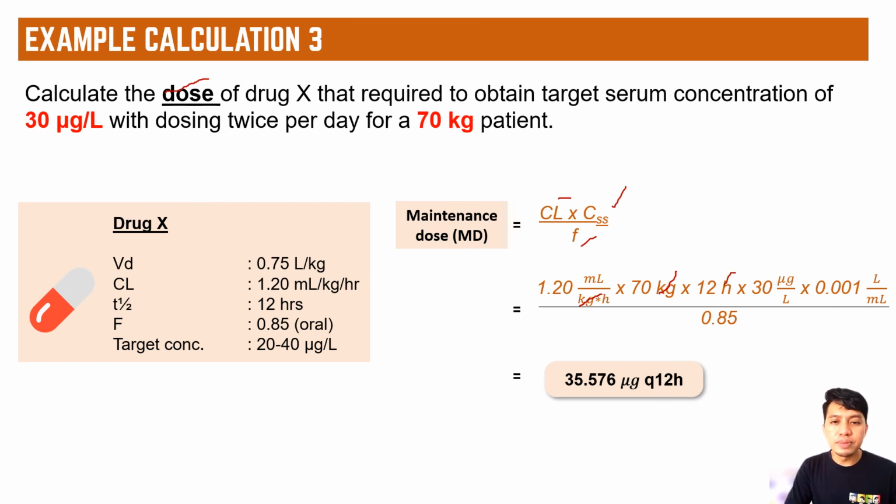Multiply by 12 hours, which is the dosing interval, and multiply by 30 microgram per liter, which is the target concentration. And don't forget to convert the liter value to milliliter by multiplying by 0.001. So you are able to get 35.576 microgram every 12 hours. So this is the dose. You need to find a capsule or any tablet that represents near to 35 microgram or 36 microgram.